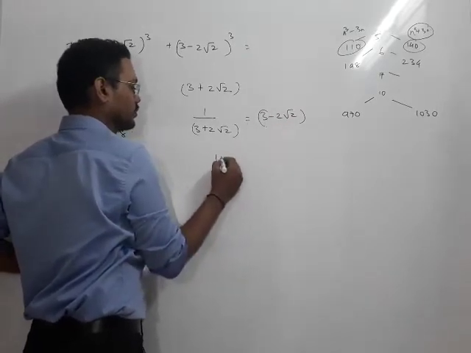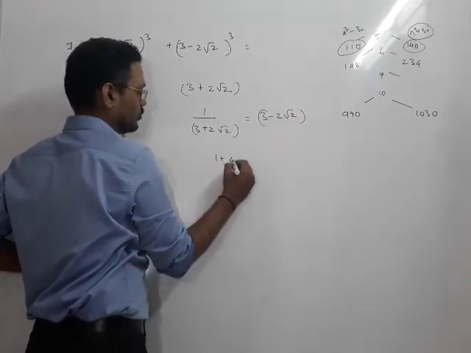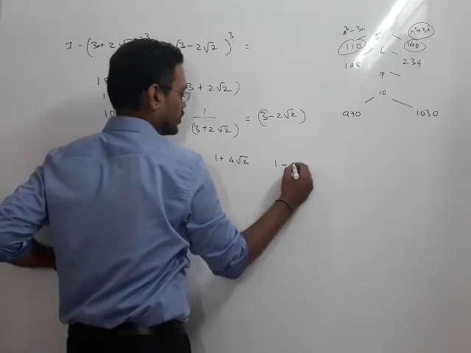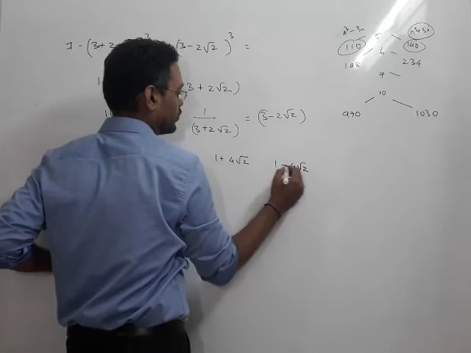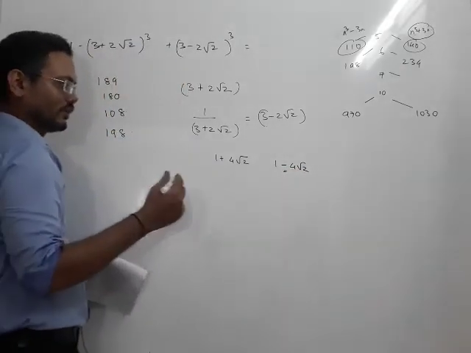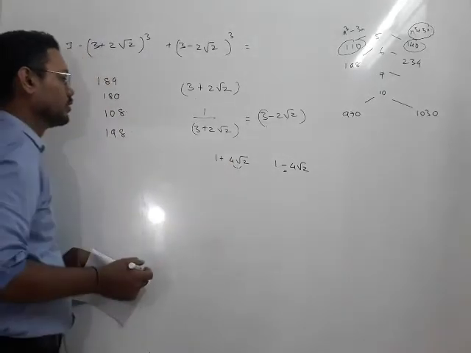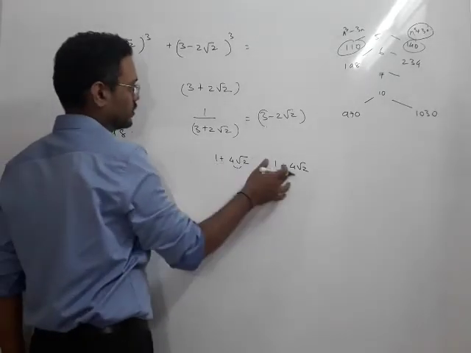Whenever it is asked for 1 plus 4 root 2, what is its inverse? 1 minus 4 root 2. You just have to add a minus sign.